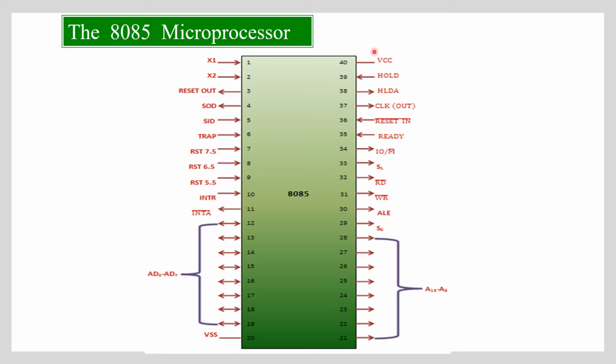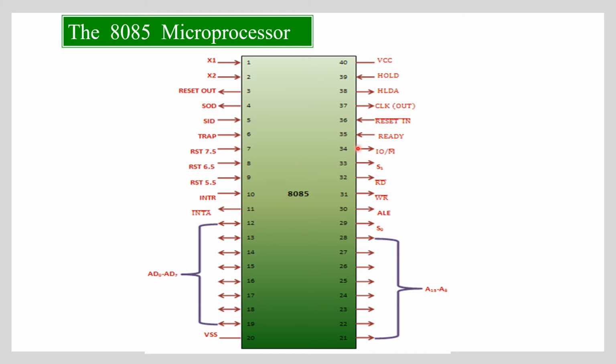You have to show the arrows properly for 4 marks. Or the question comes, describe in brief the function of any 3 pins that they mention in the exam for the 8085 microprocessor. Is it clear? So let us see the remaining pins.